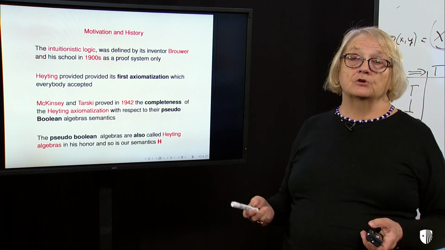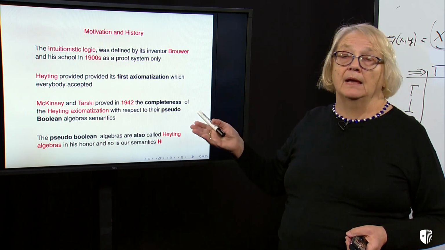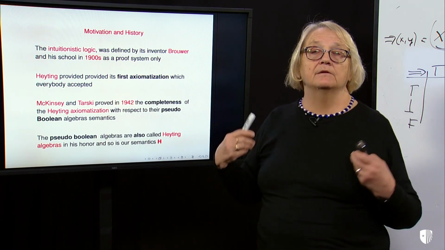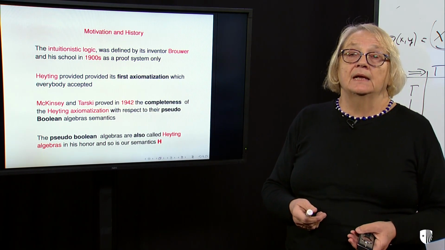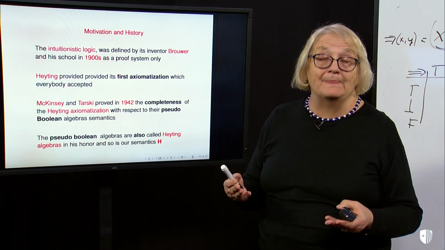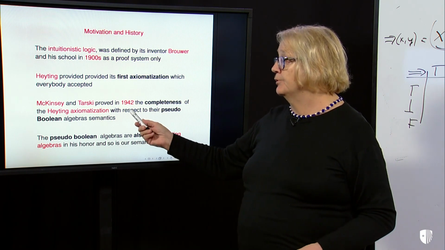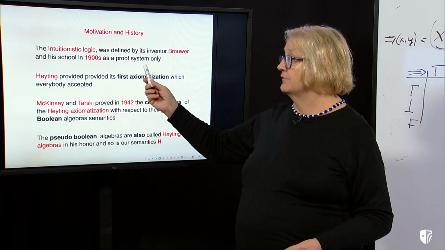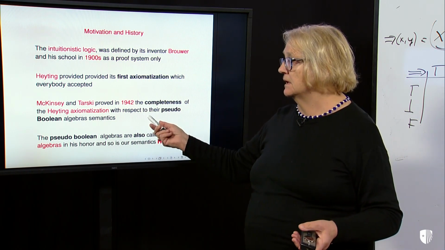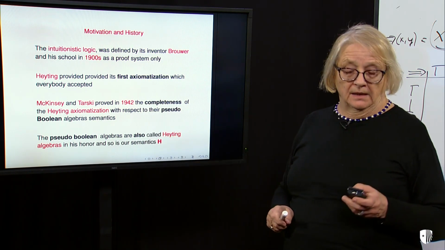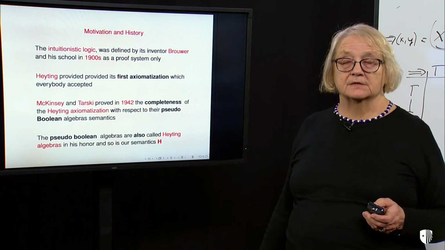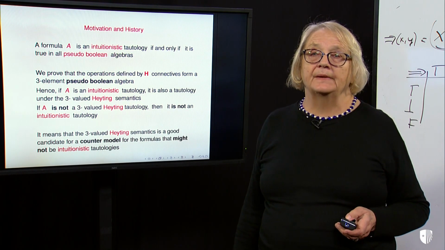Intuitionistic logic was defined by Brouwer and his school in the 1900s as a proof system. Heyting provided the first axiomatization, and McKinsey and Tarski invented the semantics and proved completeness of Heyting axiomatization under the pseudo-Boolean algebra semantics. We'll discuss it in algebraic models later.